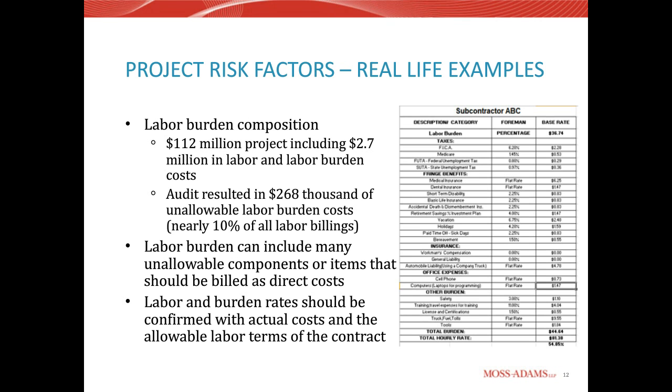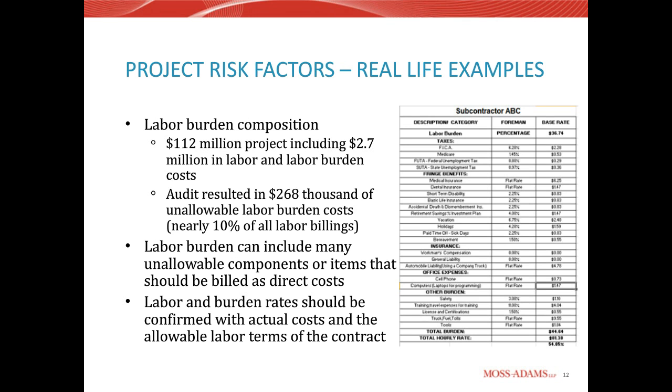This example is specific to subcontractors, but you can certainly do the same things for your general contractor under a GMP agreement. So this example is a subcontractor that provided a labor rate and labor rate burden breakdown.